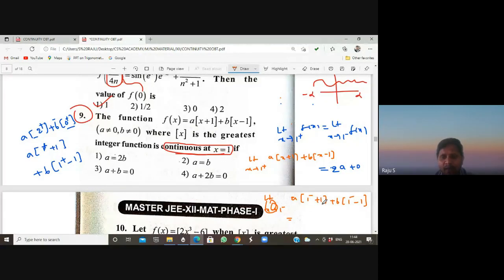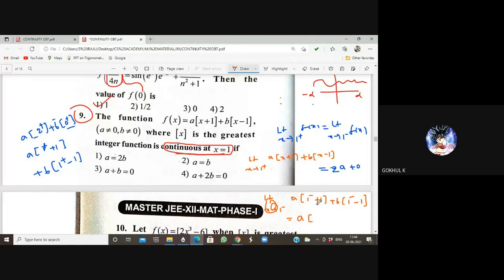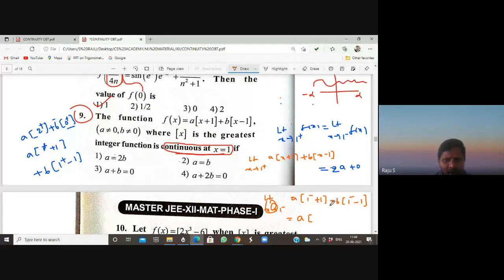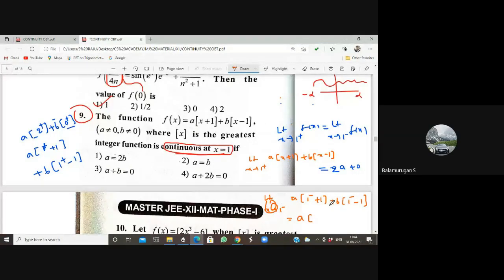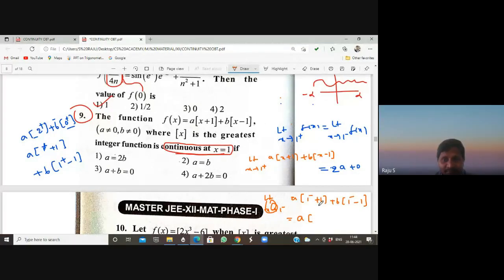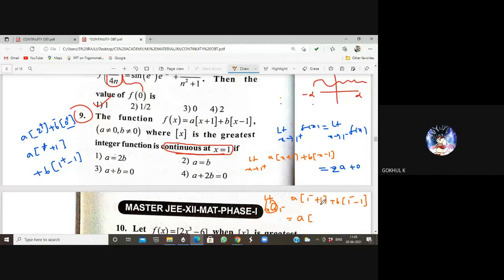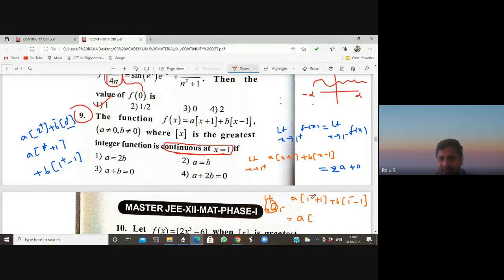1 minus plus 1 is lesser than 1. Is it 1 alone, sir? Is it minus 1? The greatest integer is 1. 1 minus means lesser than 1; you can take 0.5, plus 1, nothing but we are going to get 1.5, nothing but 1.